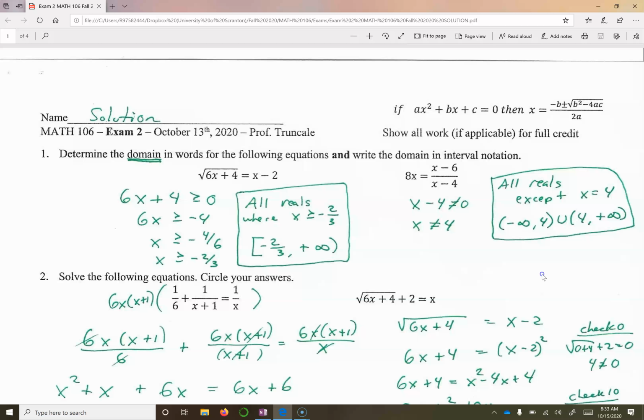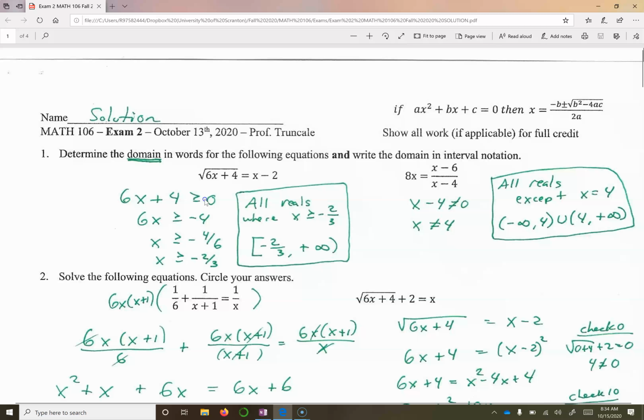We're defining domain as the set of numbers that when you plug them in for x, you get real solutions. So you want to exclude anything that gives you either an undefined solution or a complex number. In this first one, all you had to worry about was the 6x + 4 term in the square root.